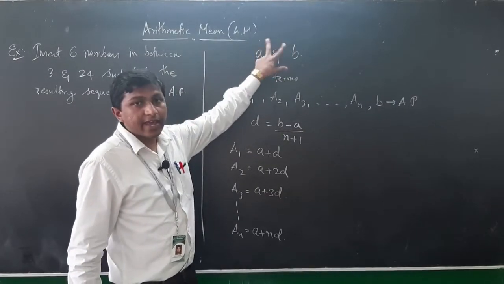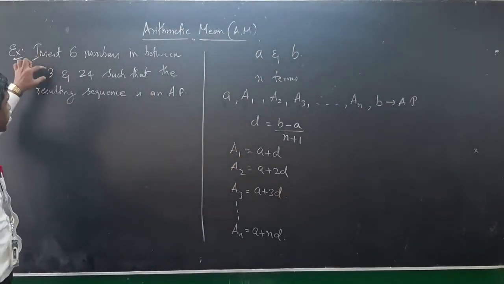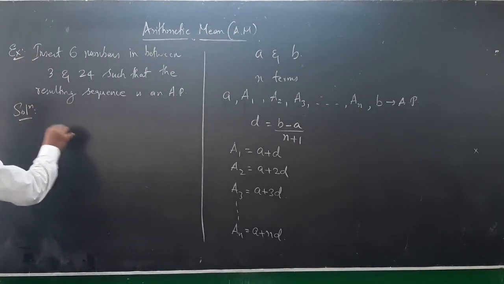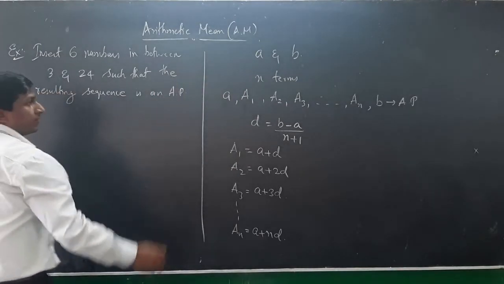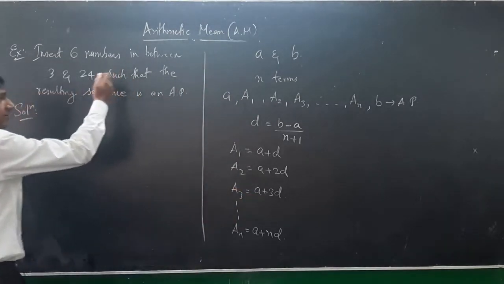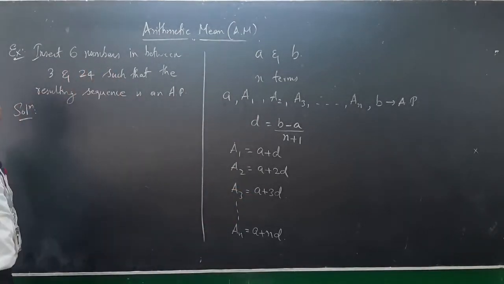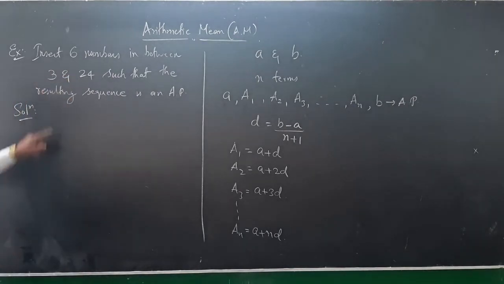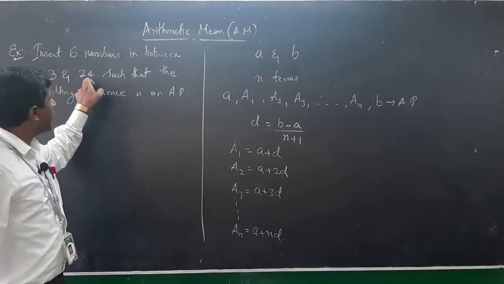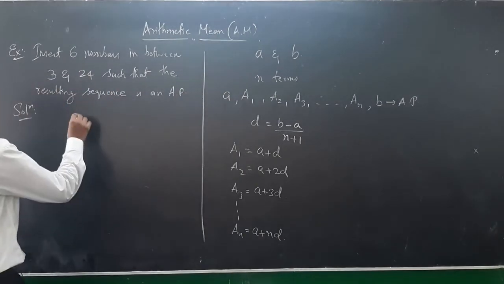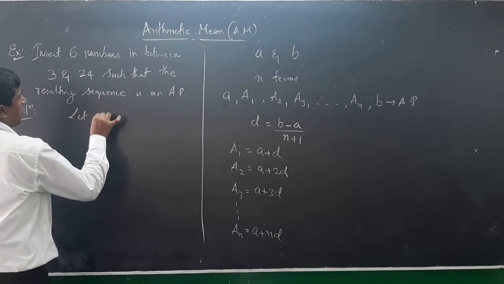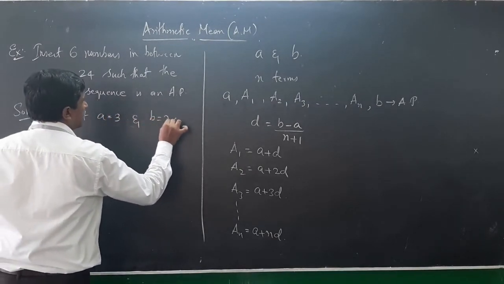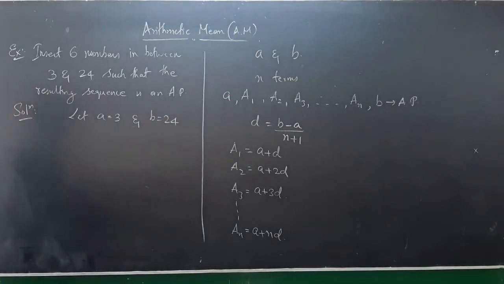So what are A and B here? A is 3. Looking at the right hand side of the board, to illustrate this, I have taken this example. This problem is important from the point of view of the exam. A is 3 and B is 24. So let small a be 3 and small b be equal to 24.